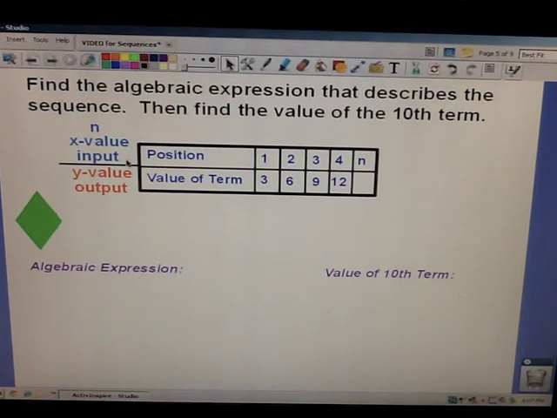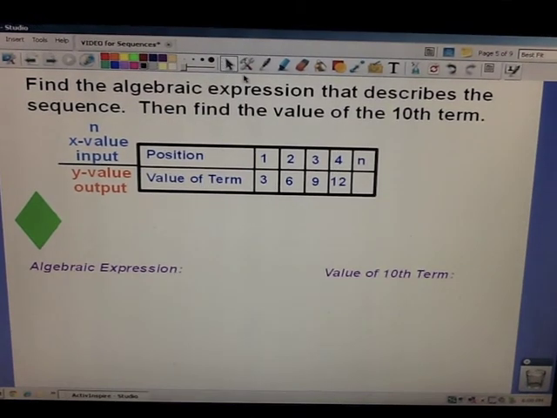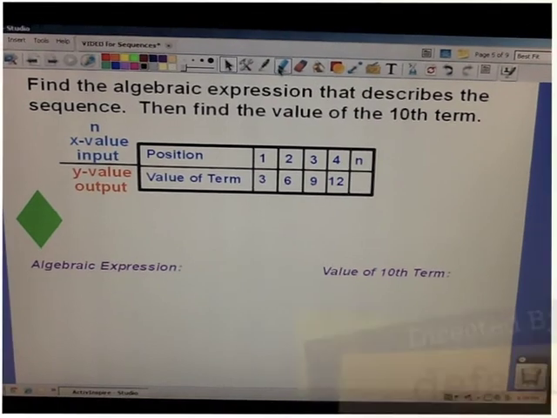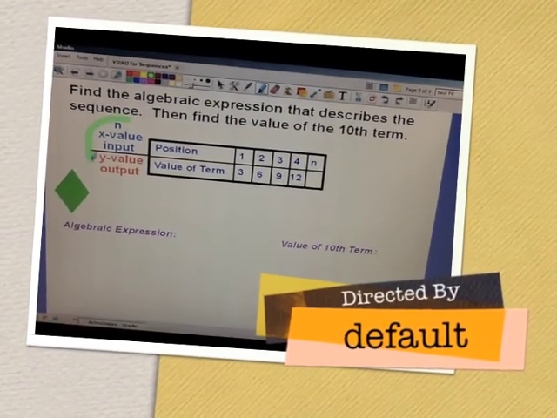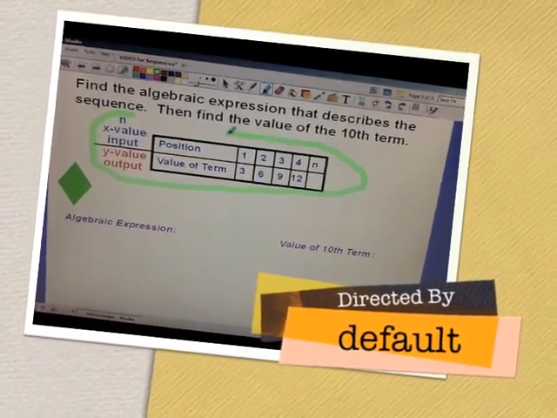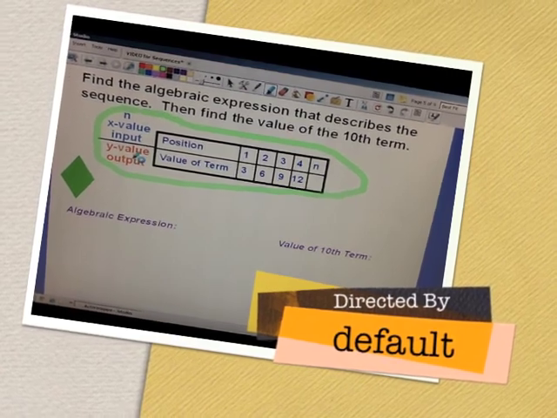Or the input, meaning if I input a position into my expression, then what output or value of the term would I get? Make sure that you have included in your notes this whole table along with the different terminology that can be used.